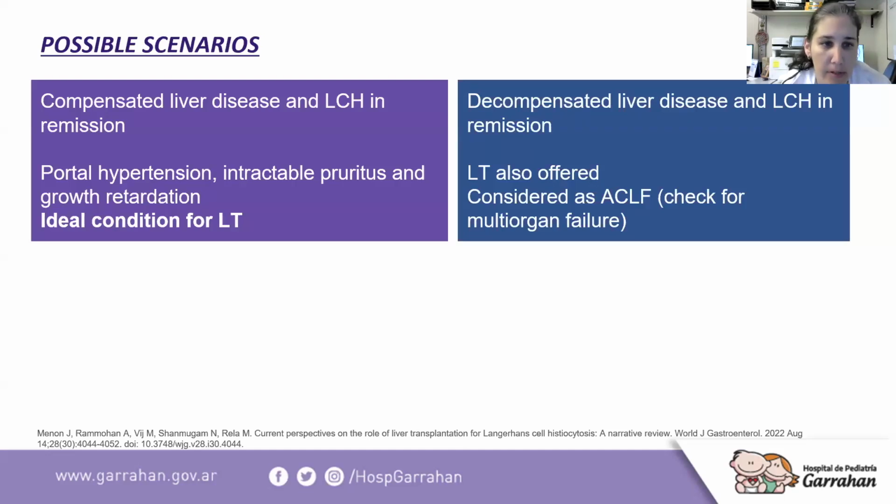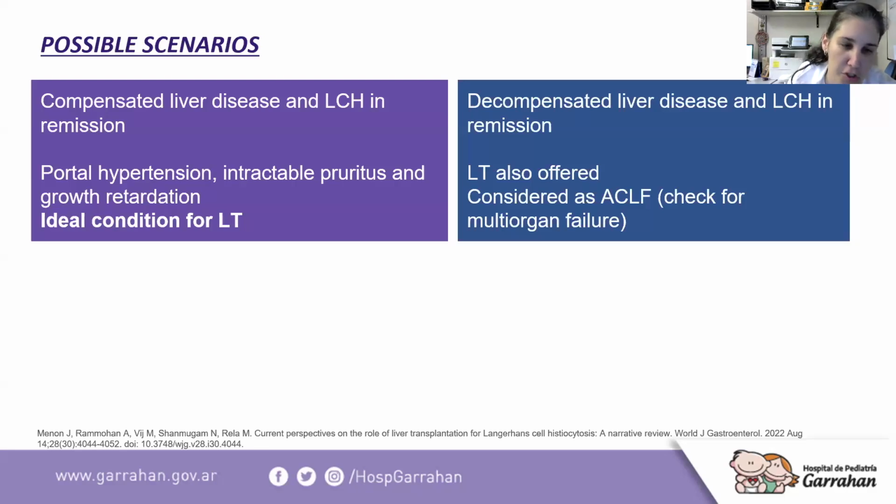The second scenario is when we have the liver involvement decompensated, but the disease is in remission. Liver transplant could also be offered in these patients. In this case, we have to be careful because we consider this type of case as acute on chronic liver failure.